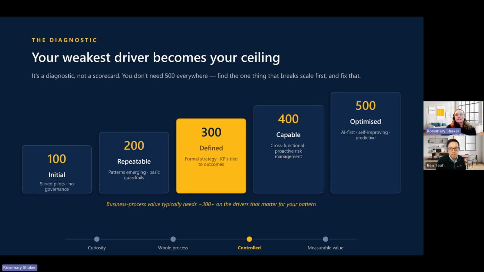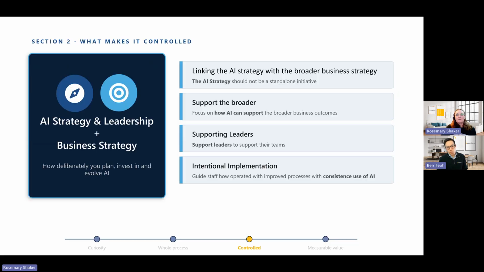Fantastic. Then let's dive into some of our five capability drivers here. For me, AI strategy, leadership, and business strategy are a real key component for getting longer-term and broader value out of AI. We've put a couple of points up here. So, being able to link that AI strategy with the broader business strategy.